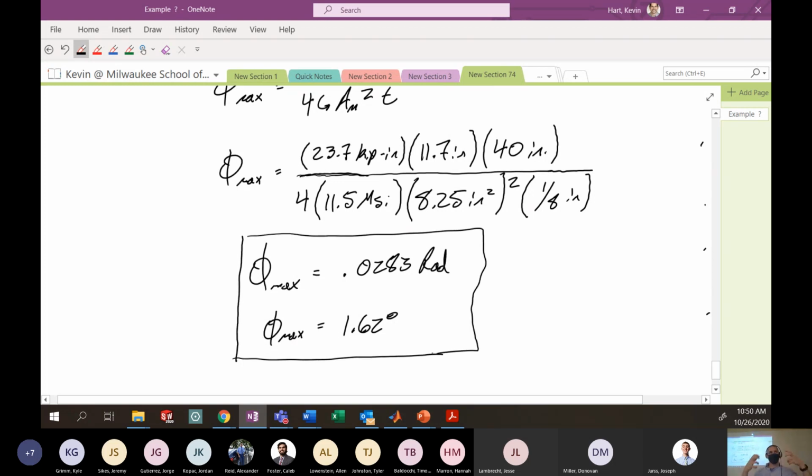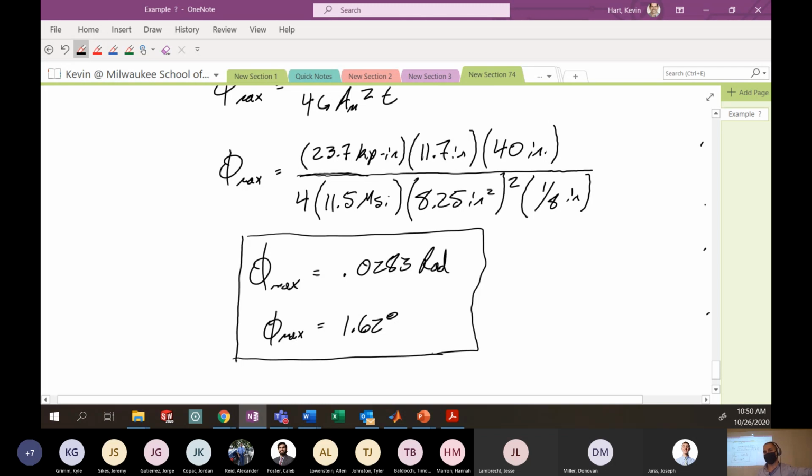So we saw this closed steel cross section with a torque of 23.7 kip-inch only rotate 1.6 degrees. The open thin-walled structure that we saw only had like 60 inch-pounds on it, and that rotated 5.5 degrees.